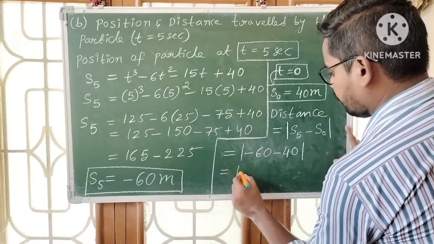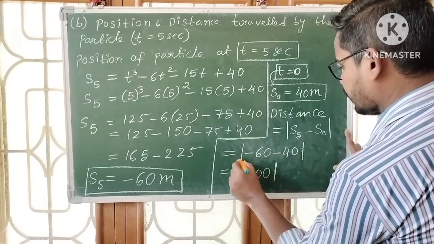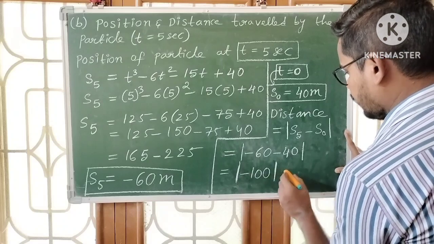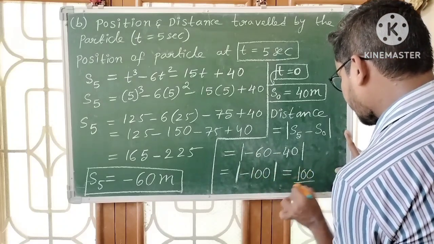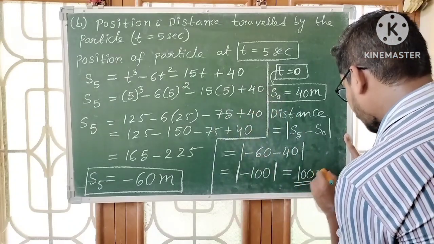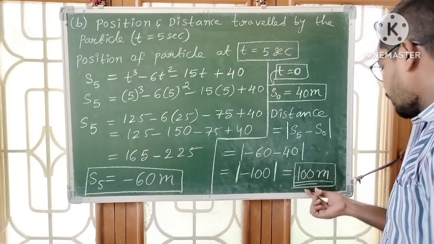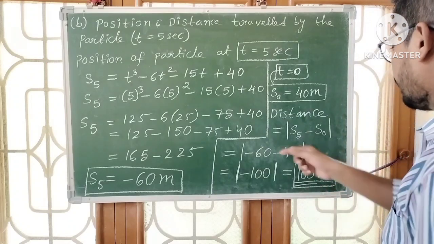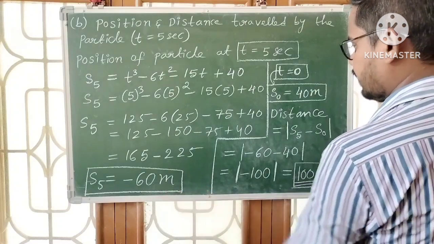So you will get modulus of minus 100. We know that modulus gives us only the absolute value. So the modulus of a negative number is always positive. Remember, distance is a scalar quantity. It has no direction. So the distance travelled by the particle when t is equal to 5 seconds is 100 meters. Therefore, the distance travelled by the particle is 100 meters, and the position of the particle is minus 60 meters.